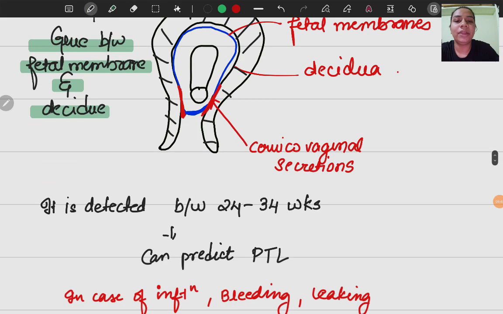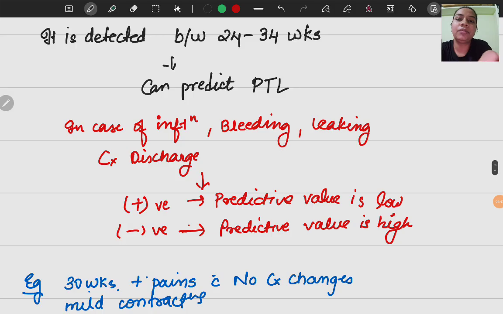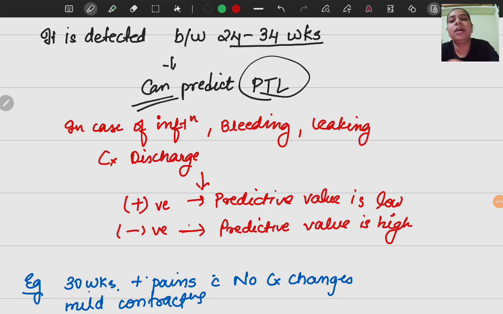When it is detected between 24 to 34 weeks, it can predict a preterm labor. It can predict preterm labor between 24 to 34 weeks of gestation.